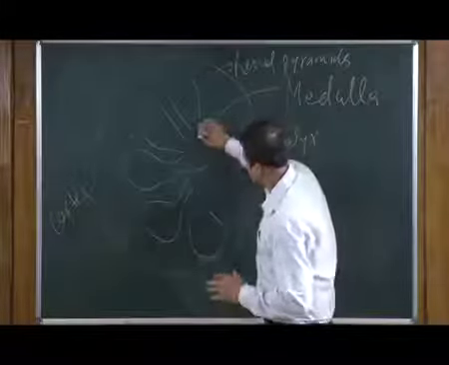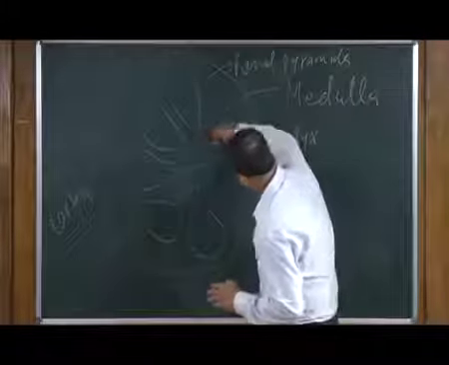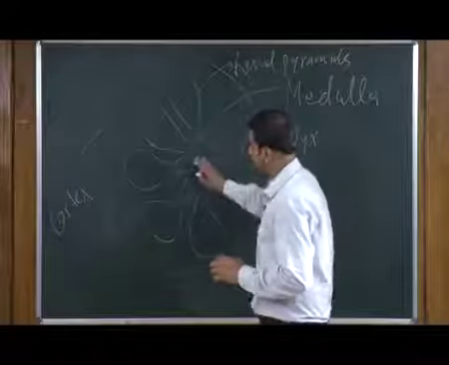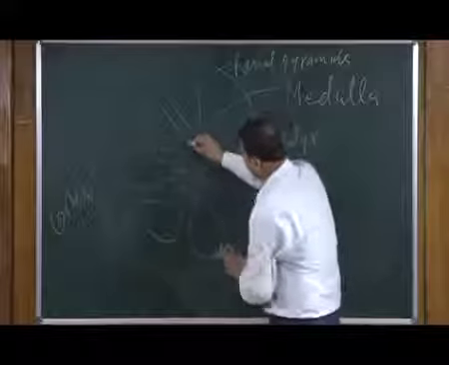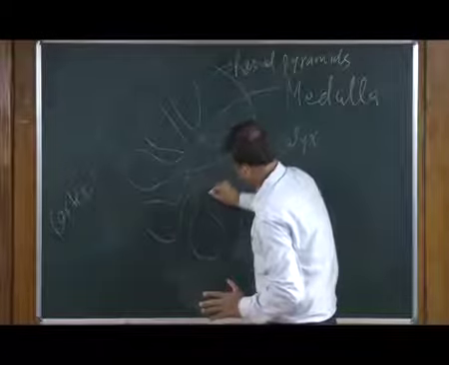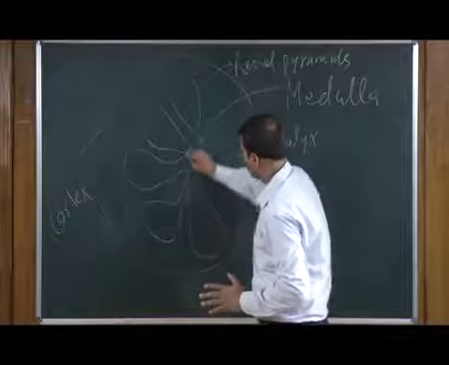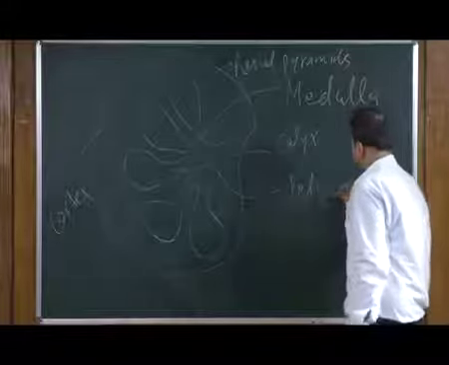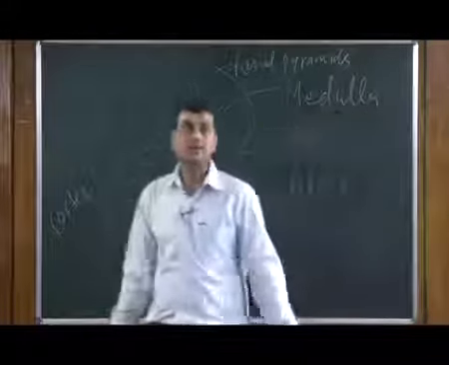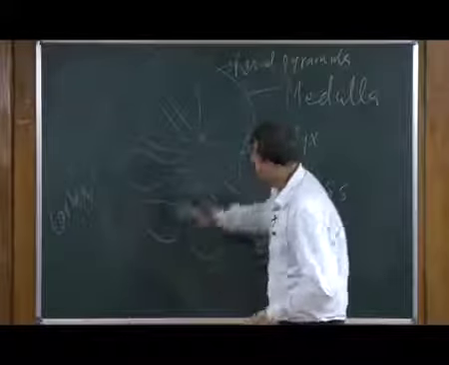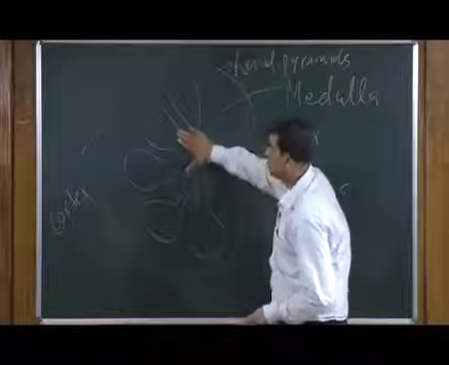These renal calyces merge at a common point, where all the renal pyramids merge, and that is called the pelvis, or simply the renal pelvis. The pelvis is nothing but the converging point of all the calyces.